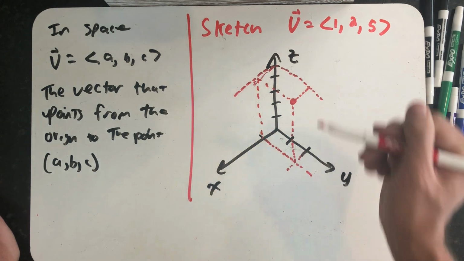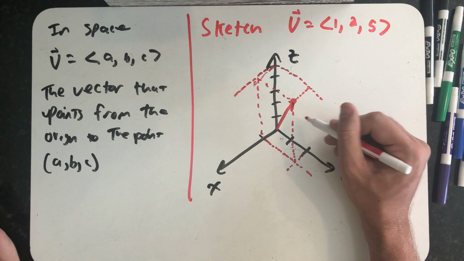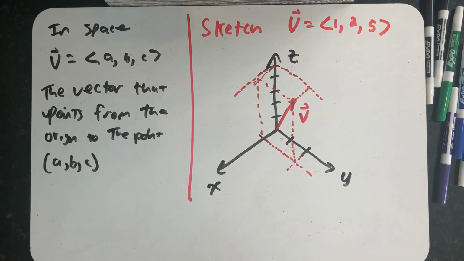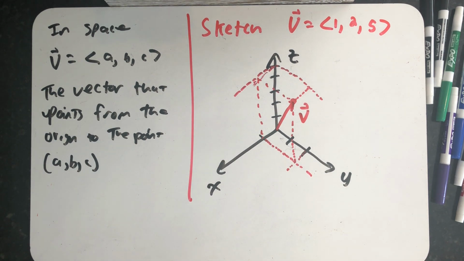All right, so there's the point (1, 2, 5). So the vector ⟨1, 2, 5⟩ would point out to it like that. So there's my vector v that points from the origin to the ordered triple (1, 2, 5). All right, well, let's revisit these component forms.